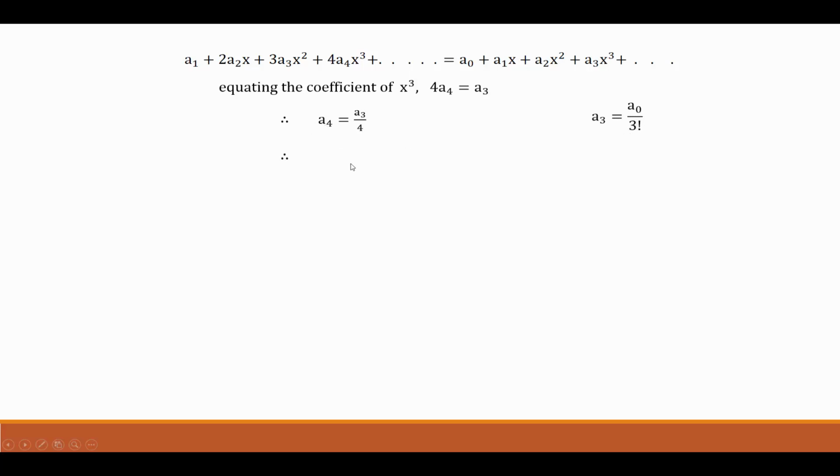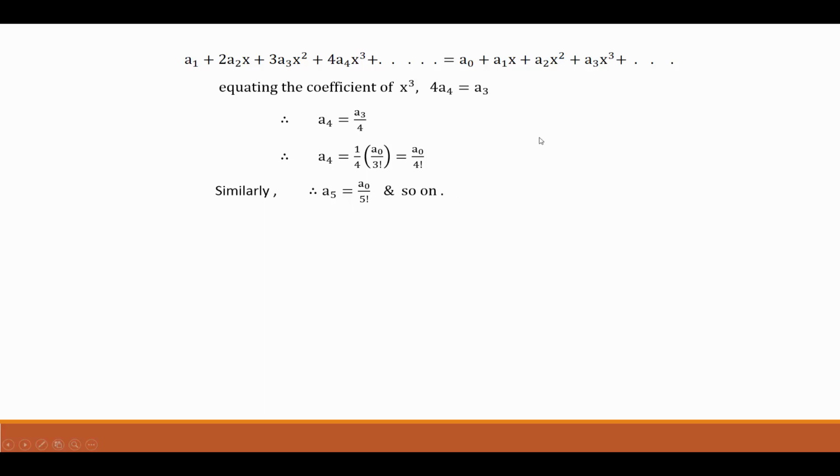Therefore a4 equal to 1 by 4 into a0 upon 3 factorial, equal to a0 upon 4 into 3 factorial, which is 4 factorial. This means a4 equal to a0 upon 4 factorial, and similarly a5 equal to a0 upon 5 factorial and so on.